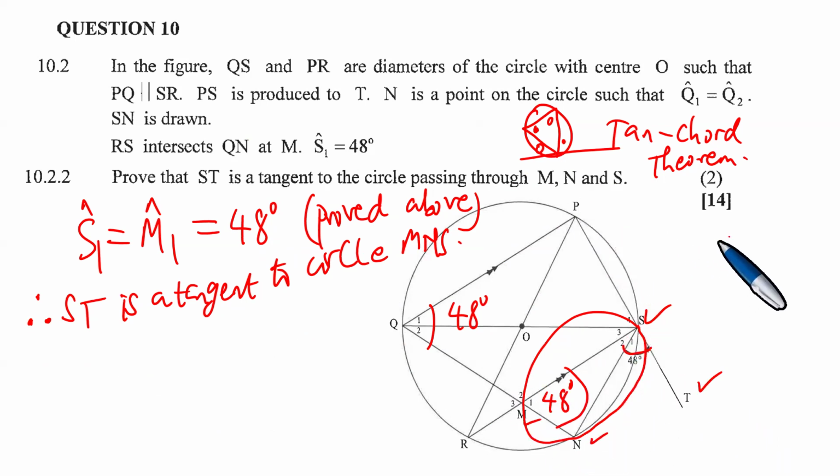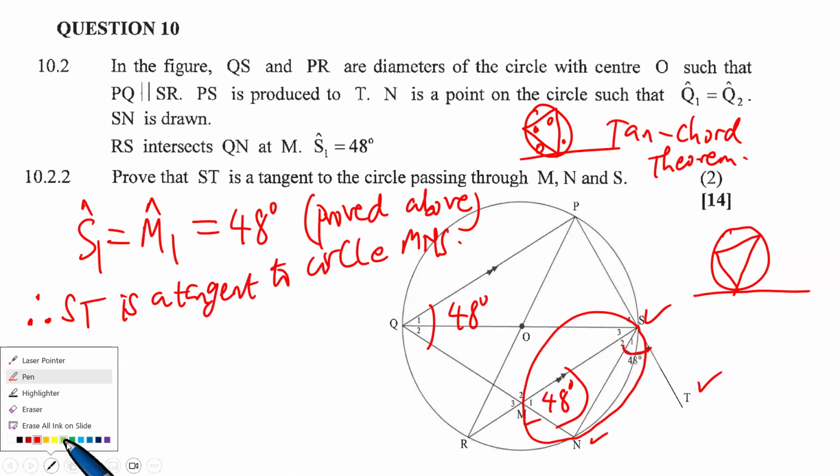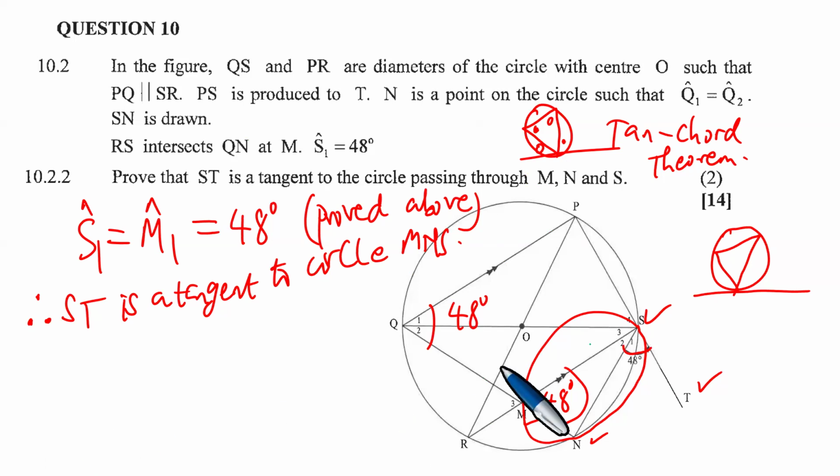Why? Because it's a tangent if you can demonstrate that it plays the tan-chord game. And if it plays the tan-chord game, we get this result: this here is equal to this here, and this here is equal to that there. This most certainly is good news. So ST is the tangent to the circle MNS.